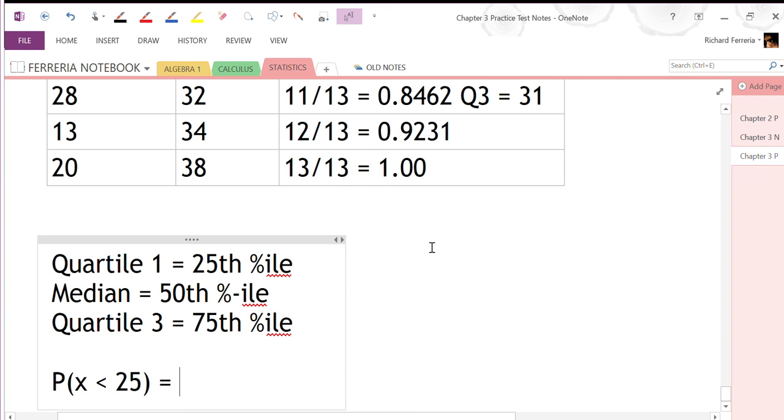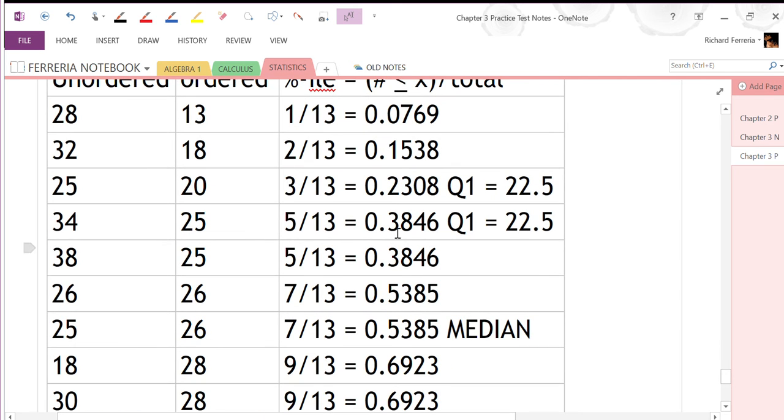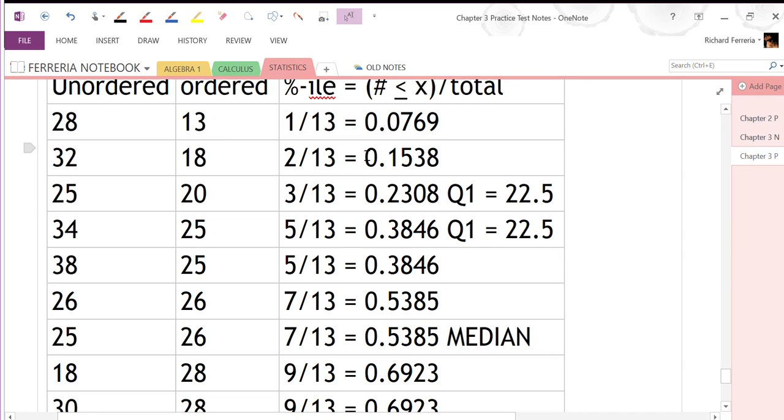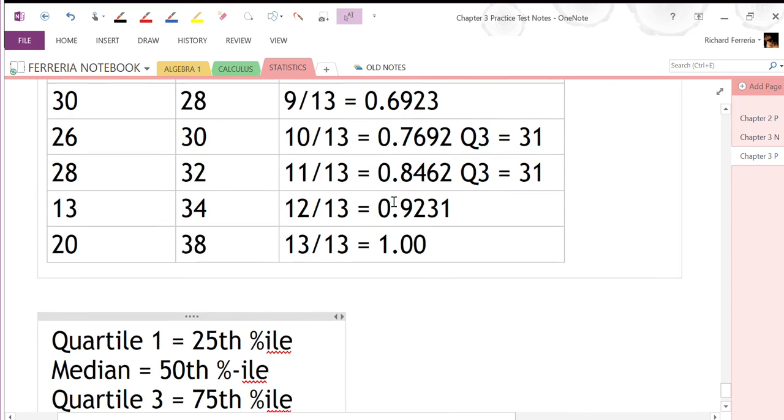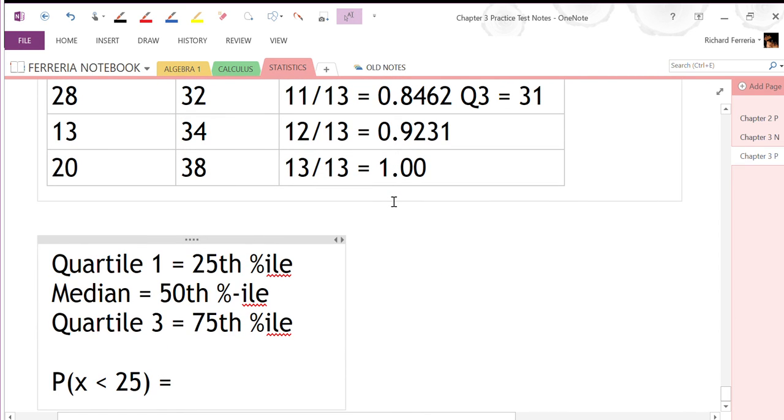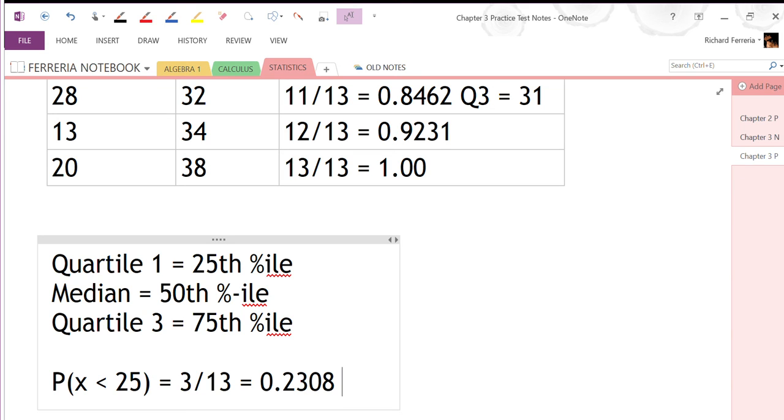So how many of these are less than 25? 1, 2, it looks like there's only 3, right? So that would be 3 toes out of the 13 that we measured. So that would be that proportion. You can leave 3 out of 13. You can write 0.2308. Either one's fine if you're writing it.